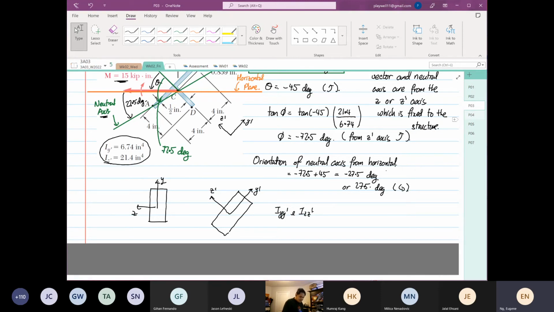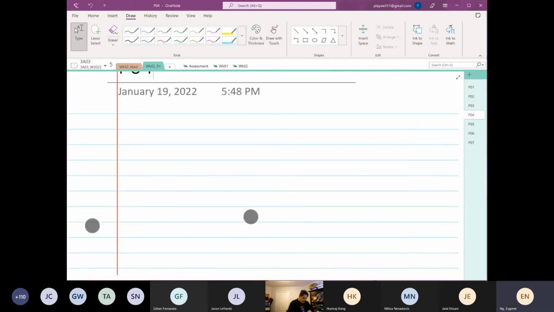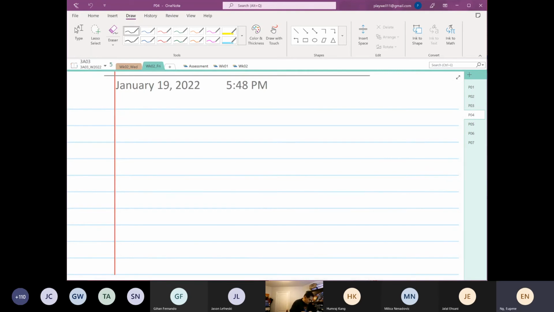So the next section that we are going to look at is known as eccentric symmetrical bending.